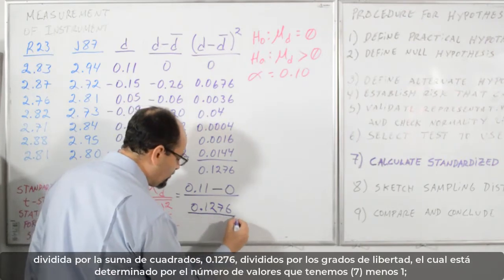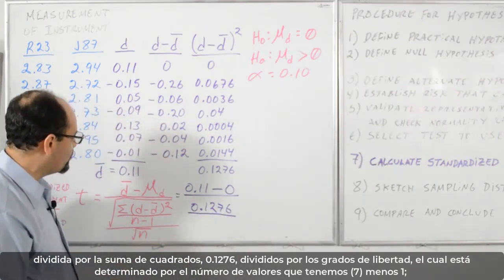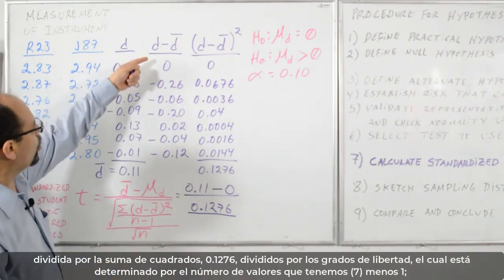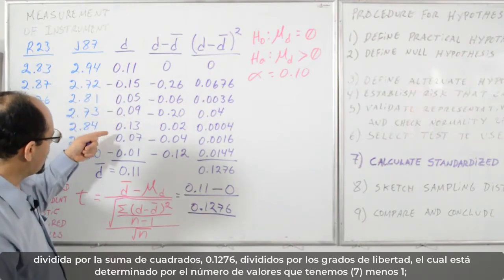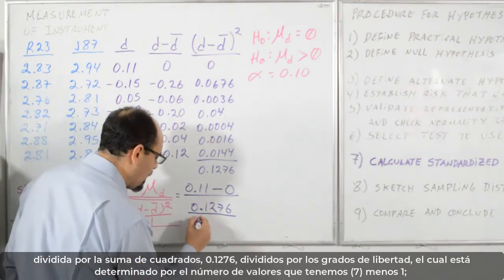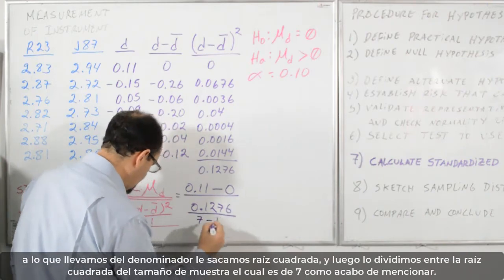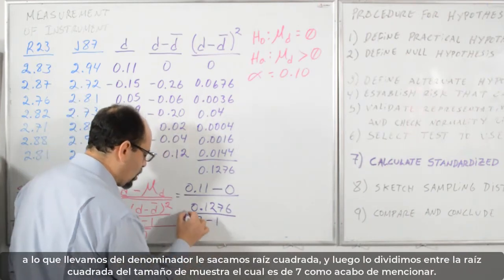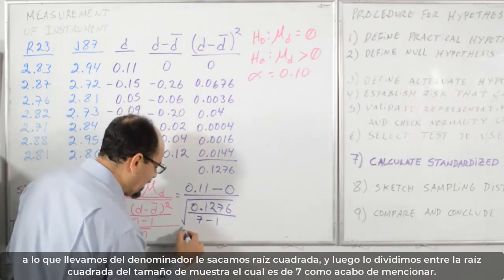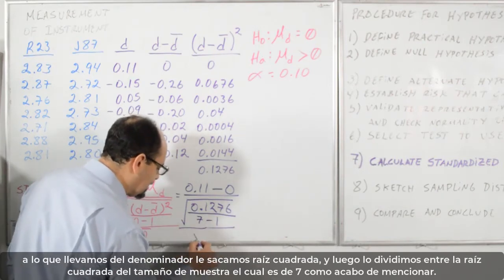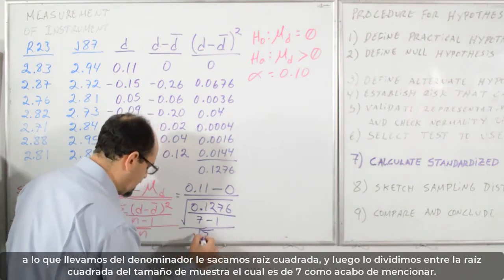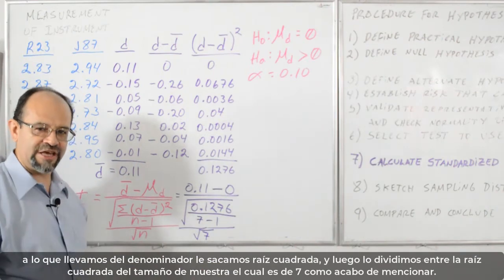The degrees of freedom is given by the number of values that we have: 1, 2, 3, 4, 5, 6, 7 values, minus 1. And all of that is divided by the square root of the sample size, which is 7, as I have just said.